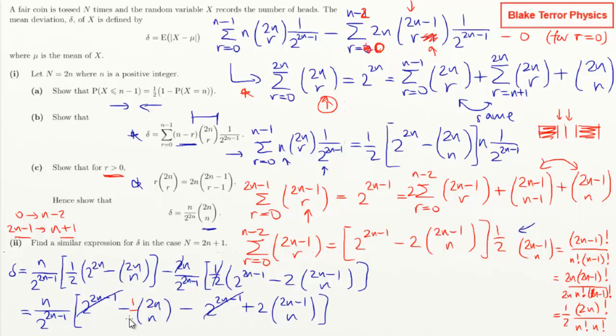Tracing backwards, oh, here we go. I've not put a half in there. So that is going to be equal to n over 2 to the 2n minus 1, and then I've got a half of 2n choose n. Which is the answer, because that 2 there is going to get rid of that there. So there we go, tick.